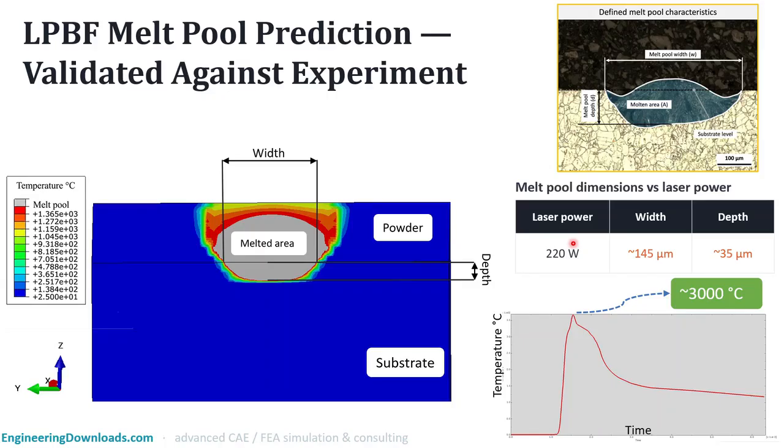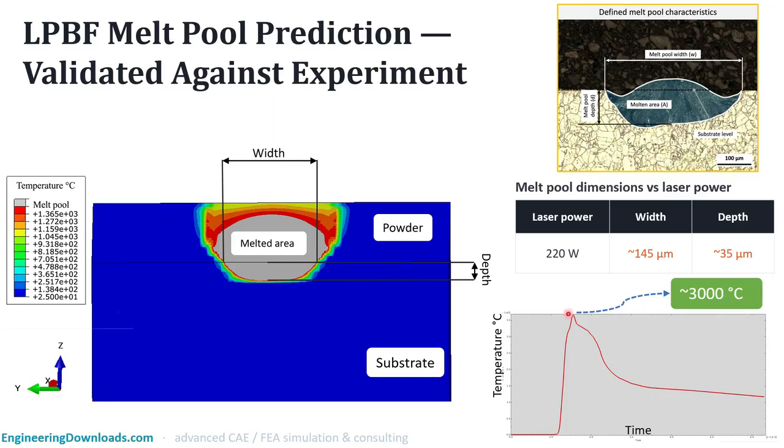But how do we know this is realistic? The melt pool measurement method follows the published paper, comparing the simulated melt pool widths and depths against the experimental cross-section reported in that study. At 220 watts, the model predicts a melt pool width of about 145 microns and a depth of about 35 microns, consistent with those published results.